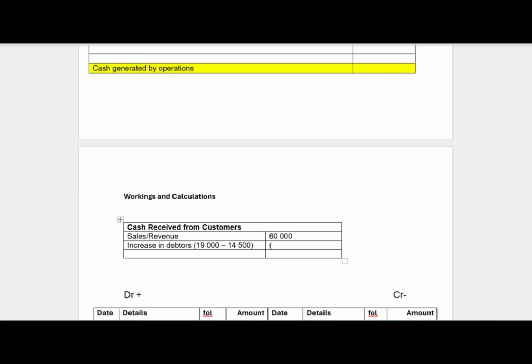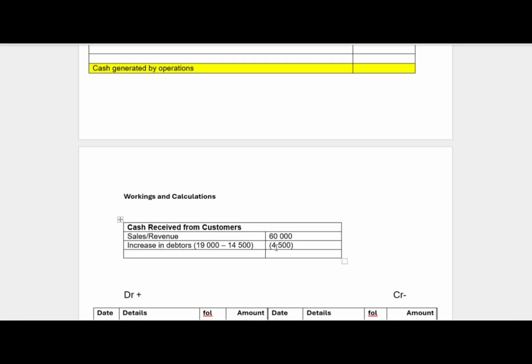And then how much are you getting? Let's just put that on the calculator. 19,000 minus 14,500. All right, I'm getting an increase of 4,500, right?